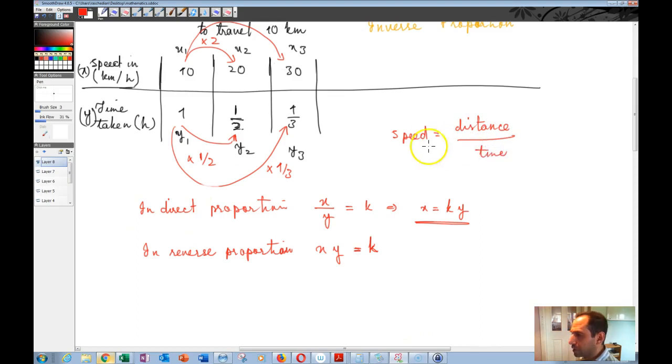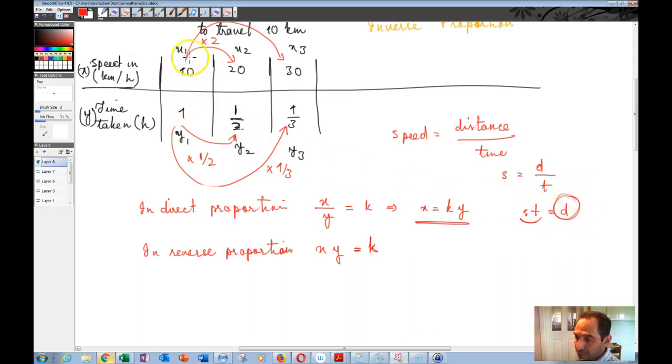Or you can say that s is equal to d by t, or st is equal to d. Now if you take the product of speed and time, that would be d, and you see that speed times time is always equal to distance, which acts as something like a constant over here.